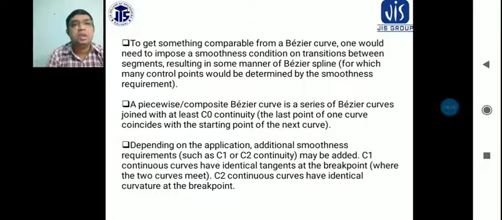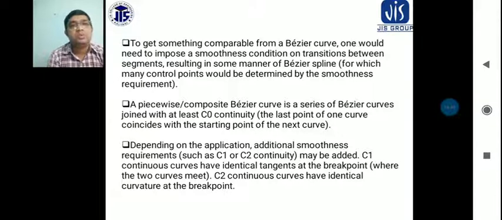To get something comparable from Bezier curves, one would need to impose smoothness conditions on transitions between segments, resulting in some manner of Bezier spline, for which many control points would be determined by the smoothness requirement.